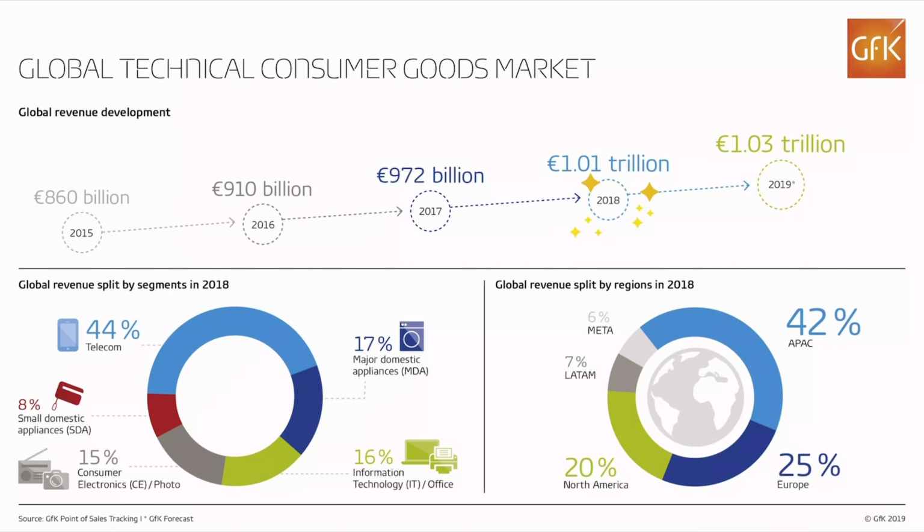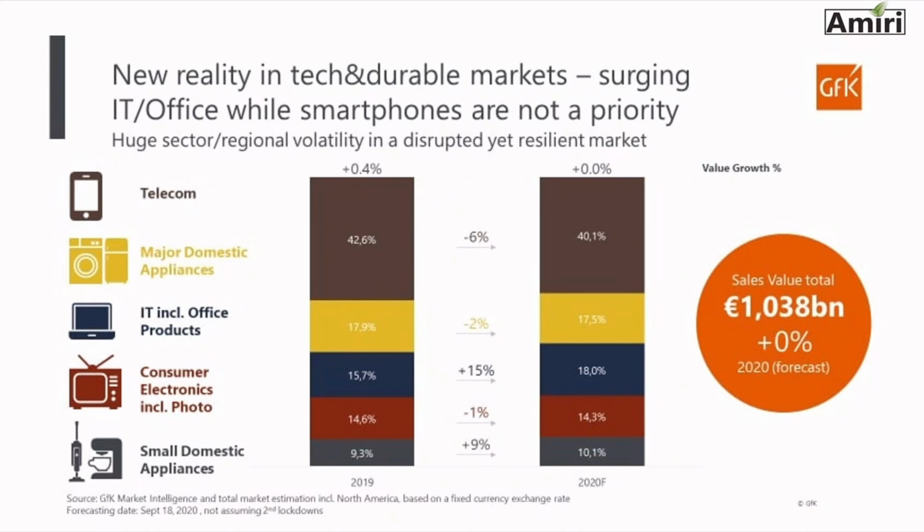Here's another one for technical consumer markets, appliances, and a lot of technical gadgets and technical tools, also based on regions of the world. Here's another one, related to the previous slide but in a different format, and it shows the office and IT and appliances market and sales and predictions and all of that.